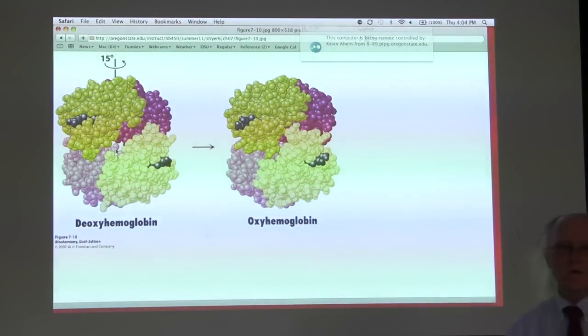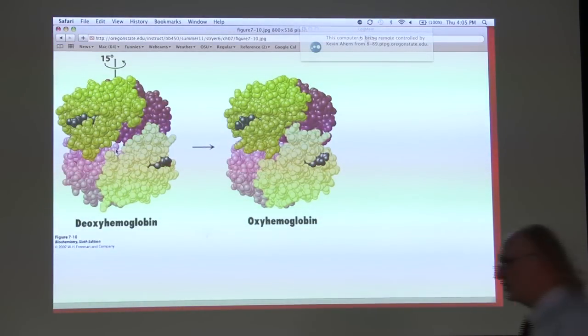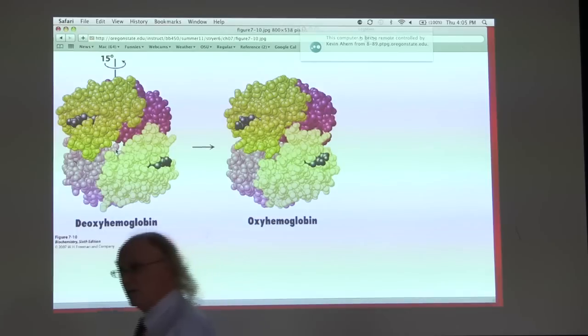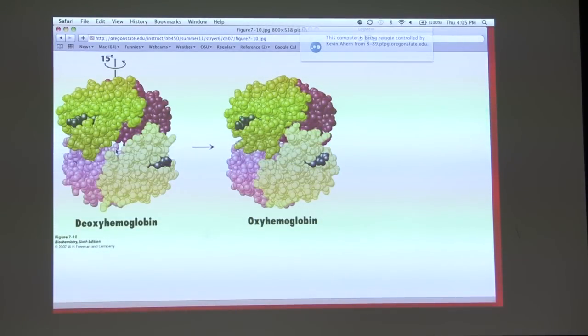Okay? What does 2,3-BPG do when it binds to hemoglobin? It stabilizes the T state. Now, based on what I told you about the T state, what's the affinity of hemoglobin for oxygen in the T state? It goes down.